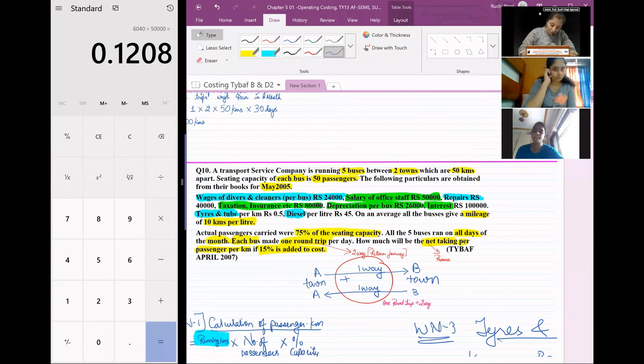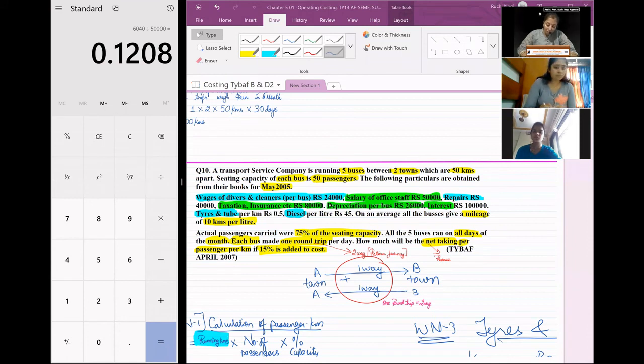Next. Wages of drivers and cleaner per bus, 24,000. So for one bus it is given to you as 24,000. It's a variable cost. Salary to office staff 50,000. Okay.